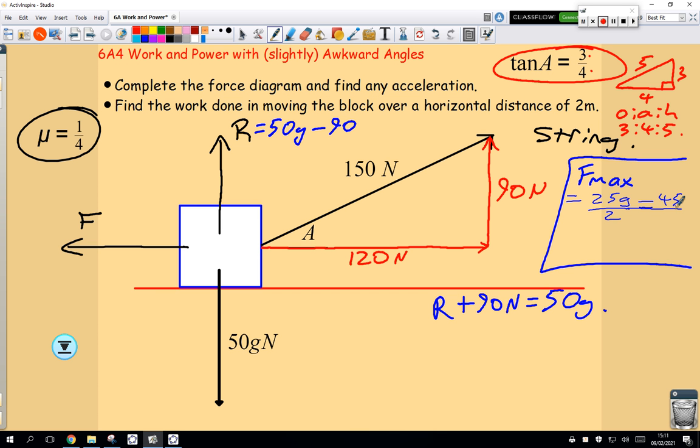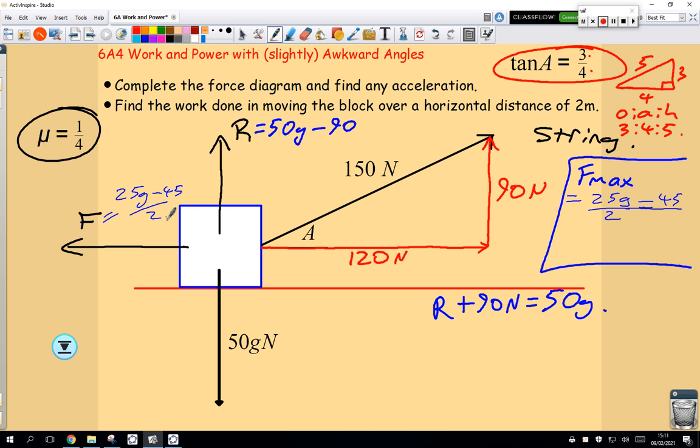So again, take g to be about 10, that'll be 250 minus 45, 205 divided by 2. It's about 102.5, which is going to be less than that. So that means there is going to be some acceleration. So friction is going to use all of its possible magnitude here.